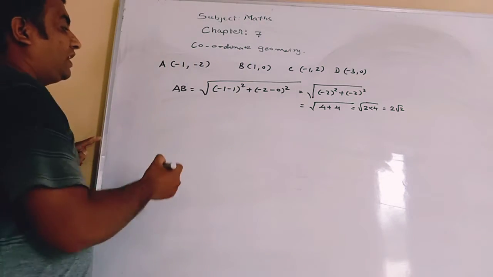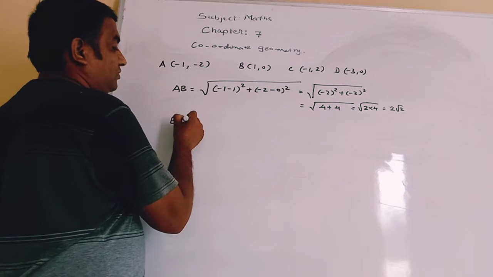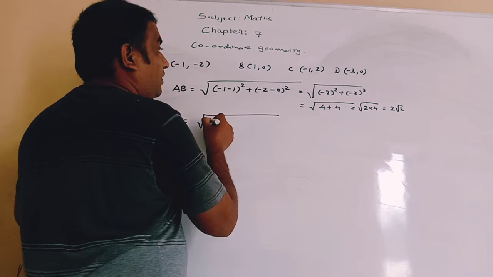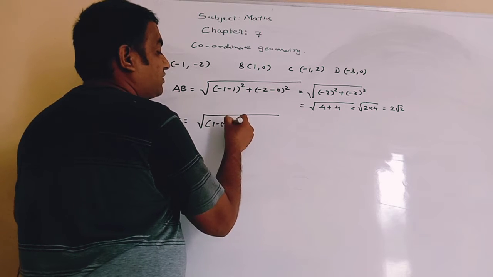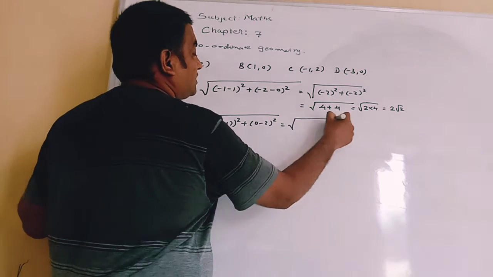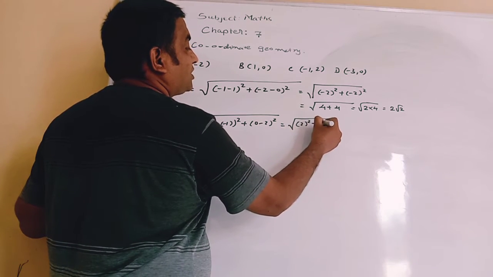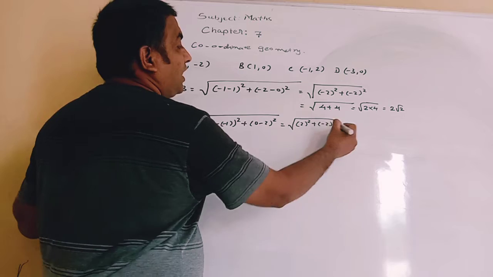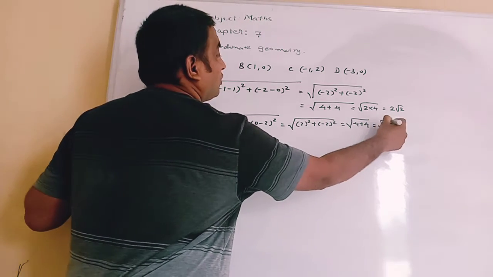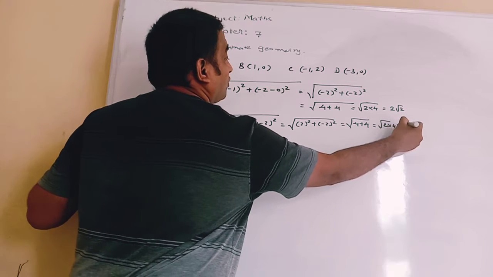Now BC we calculate. Then again it is (1 - 1) square plus (0 - 2) square. So it is 2 square plus -2 square, and so it is again 4 plus 4, root 8, 2 root 2.